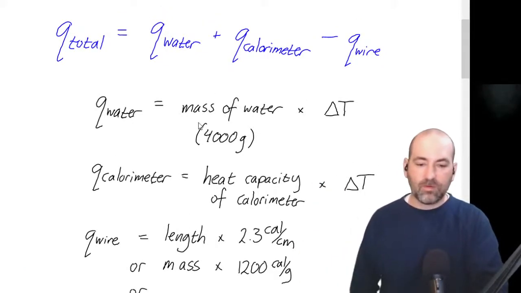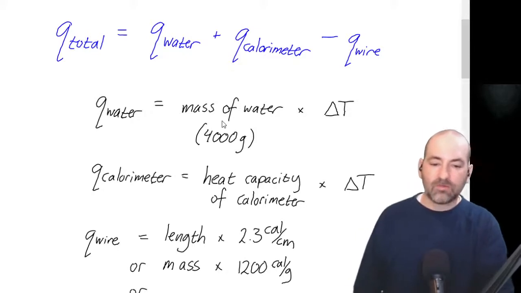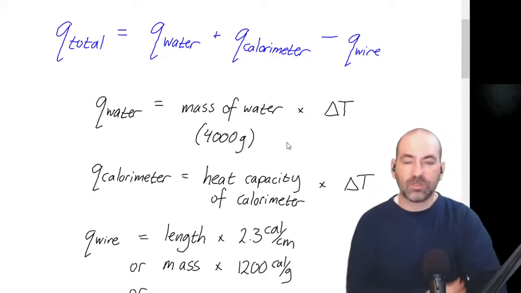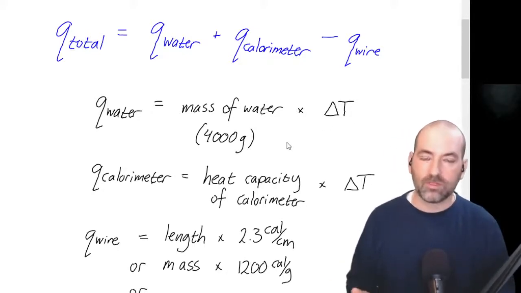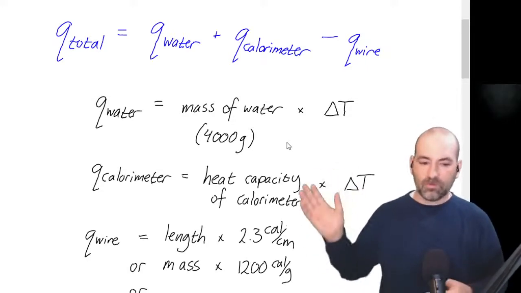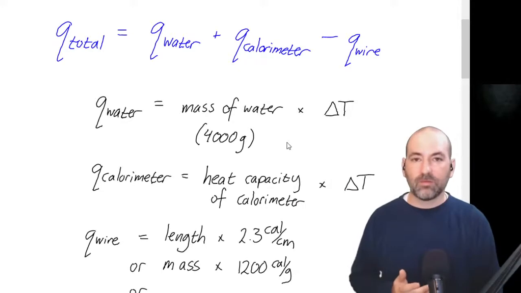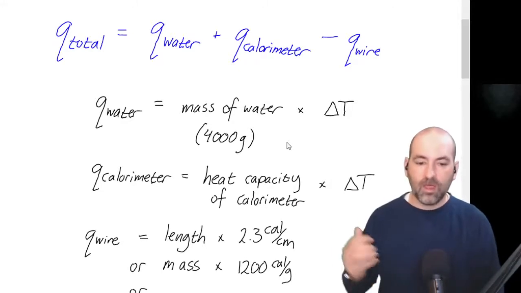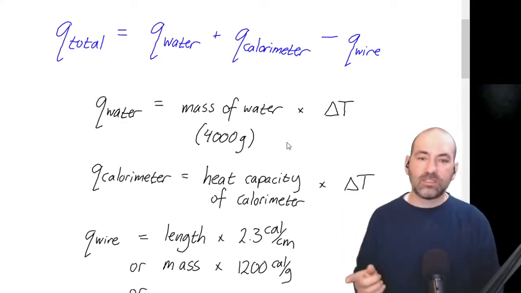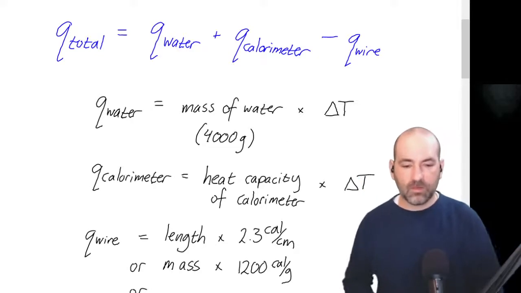This is the one that we've talked about before, and it's simply the mass of water times the change in temperature. So you all should have used 4,000 grams for each trial. So the mass of water is always going to be 4,000. We can ignore the heat capacity term here because it's just 1. And the delta T is the change in temperature. So let me do an example here.